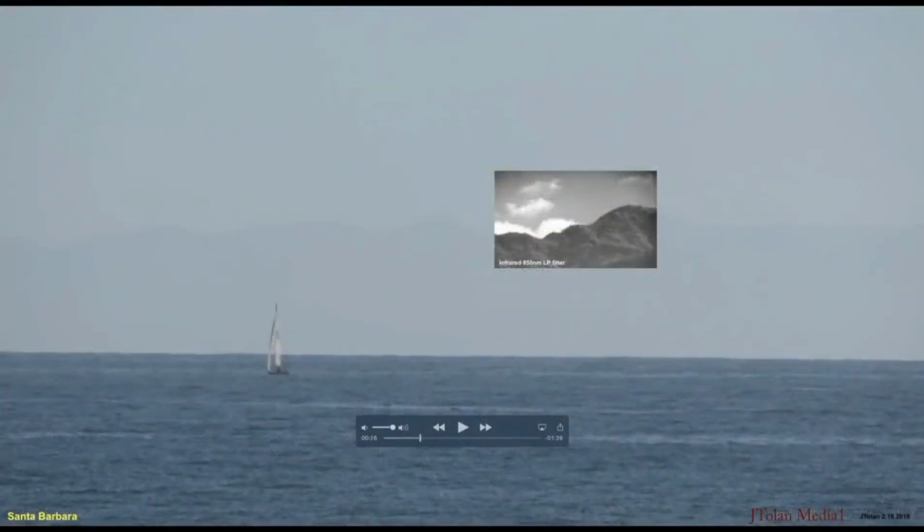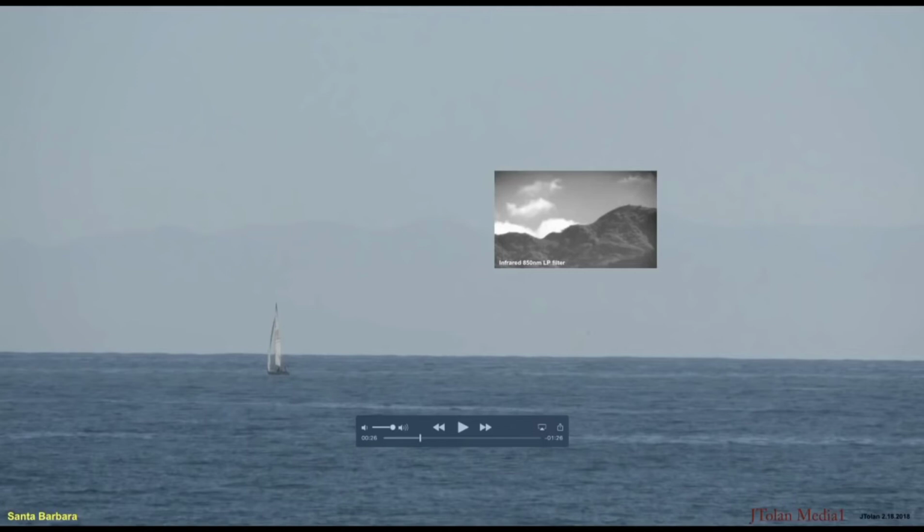Have a look at this. Look how I can zoom in on an area. That area in infrared was 3000 by 2000 pixels, high resolution, and I could zoom in.